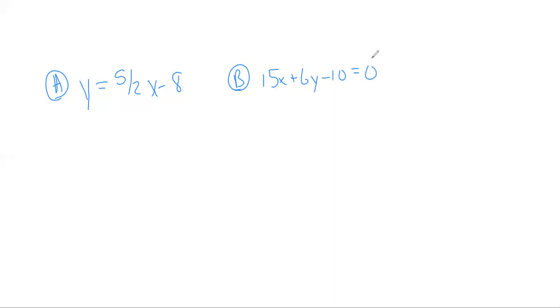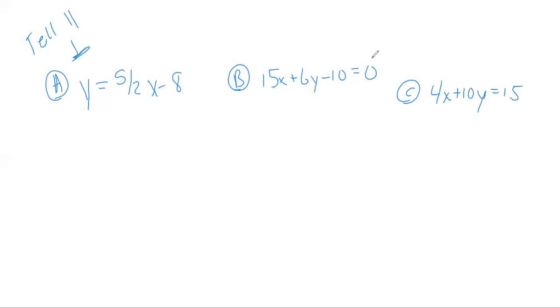And C, they're going to give you 4x plus 10y is equal to 15. Well, all you need to look at here, they want you to tell which lines are parallel and which lines are perpendicular. Well, all you got to look at is slope.